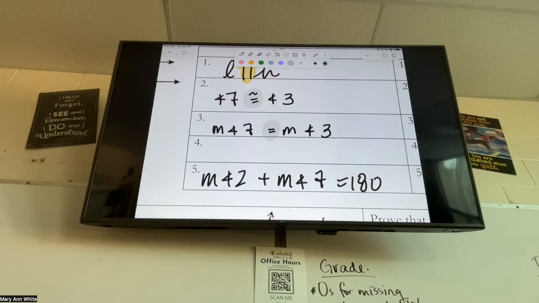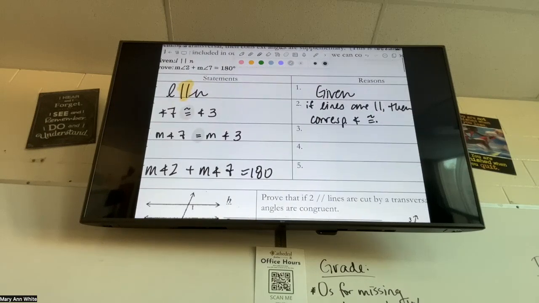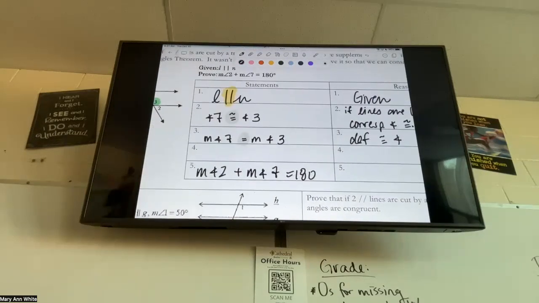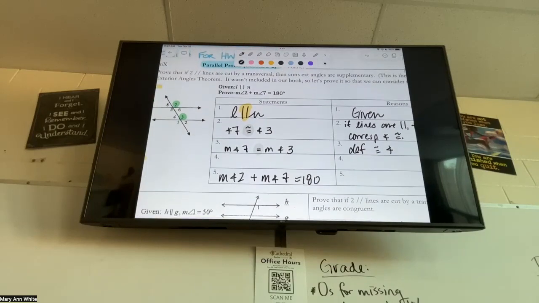Not transitive. Definition of congruent angles, yes. By definition, if the angles are congruent, we can say that their measures are equal. And vice versa, if their measures are equal, we can say that they're congruent. Definition of congruent angles.